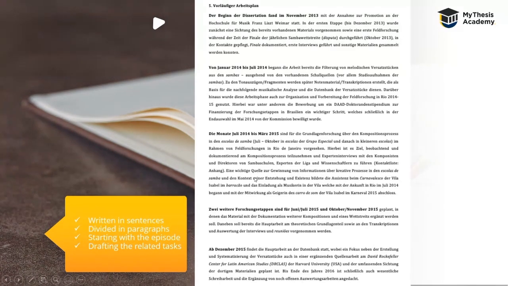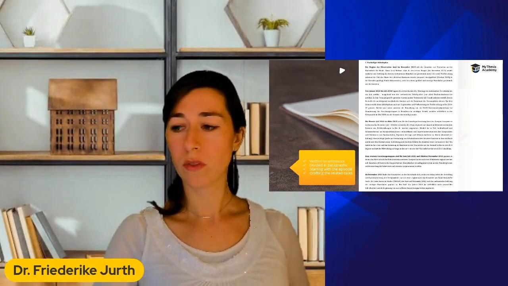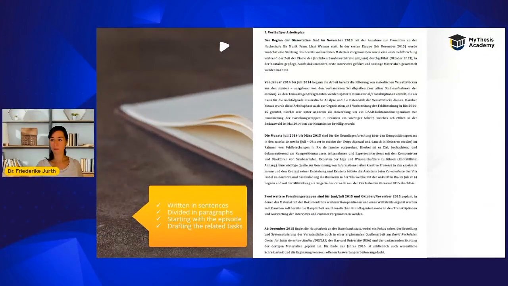So what is characteristic for this kind of working schedule? Well, it's very easy. It is written in sentences, and the different working stages are divided into separate paragraphs.